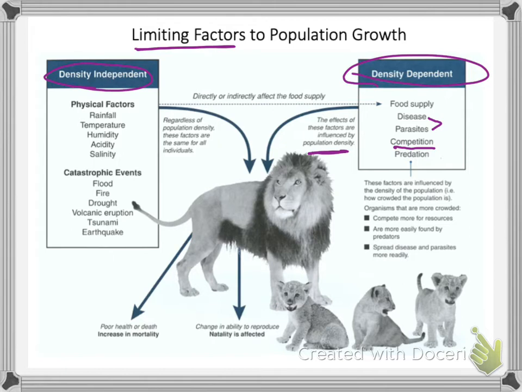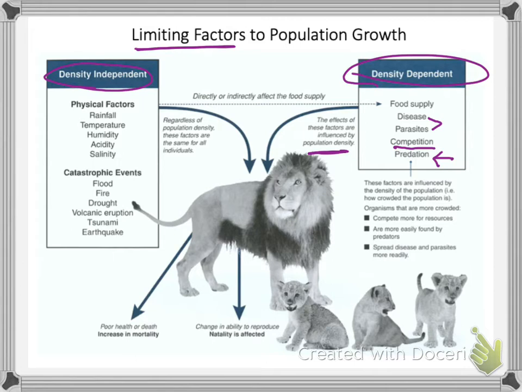Which is why with COVID-19, they suggest that we reduce density, say, inside of our buildings, and we space ourselves apart. We're trying to decrease our density so that it is less likely for the virus to spread between individuals.